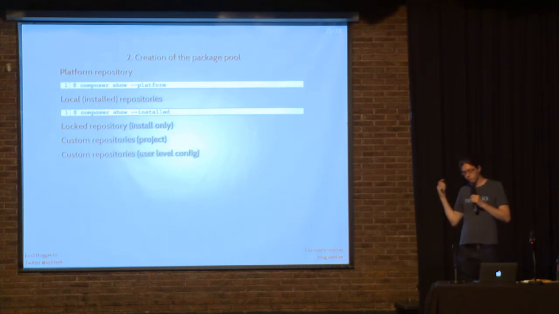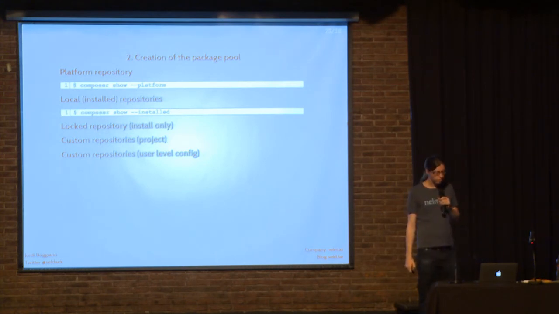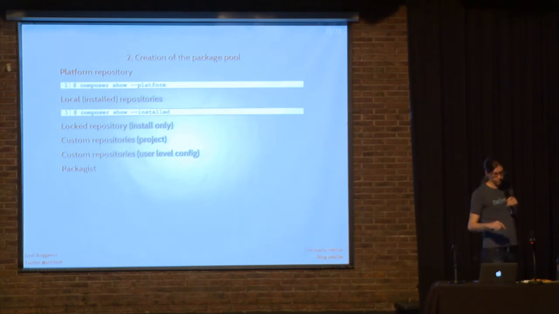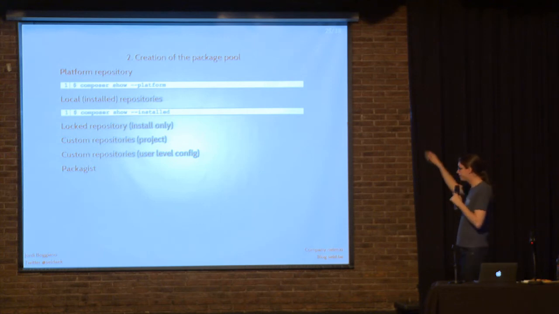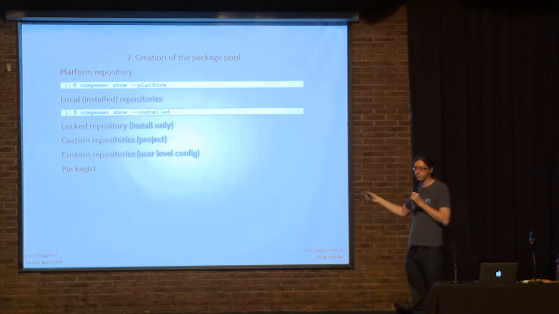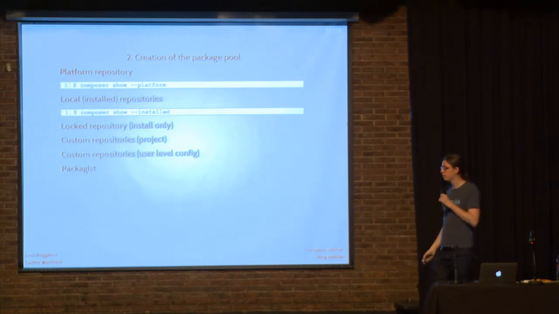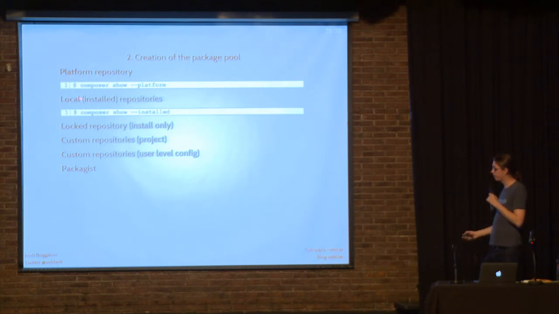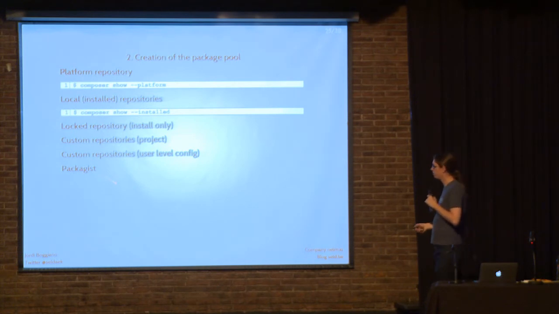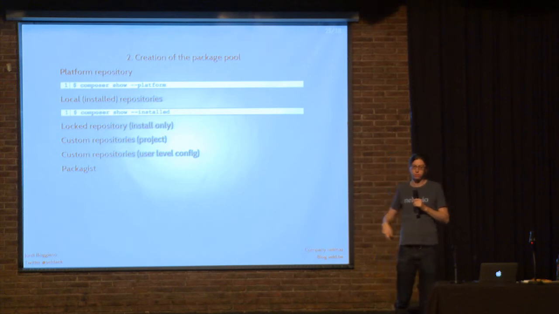Then we have the global ones in the central config. And finally, by default, we have Packagist unless you disabled it. This top-down is the order in which it will look for packages. So if it finds something in one of the earlier ones, it will be preferred to one that's on Packagist. That means if it's already installed, you don't need to install it.